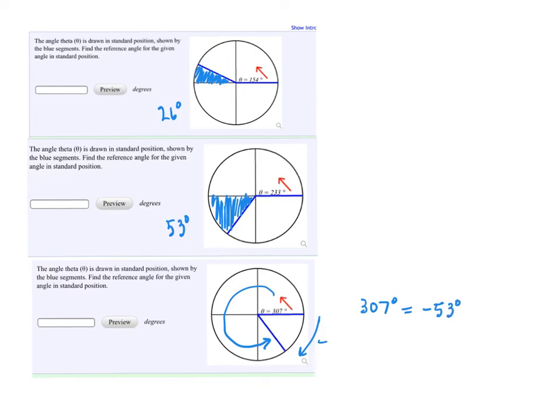And that just so happens then to be my reference angle, and the reference angle again is always positive. But 307 degrees and negative 53 degrees are the same angle. If I punch in sine or cosine or tangent of those two, I get the same thing. But the reference angle itself is the positive angle between the terminal side and the x-axis. The reference angle is positive 53 degrees.